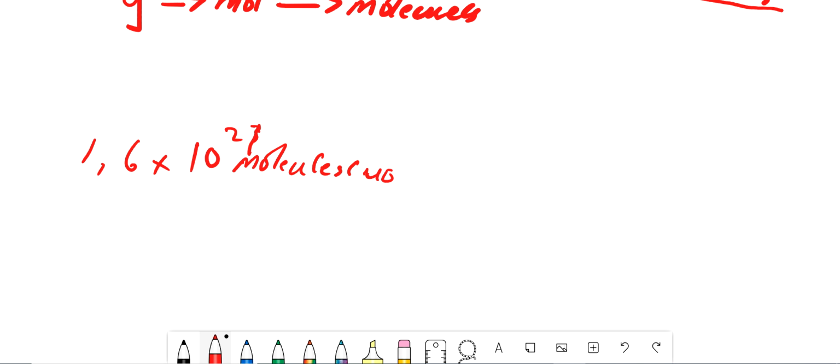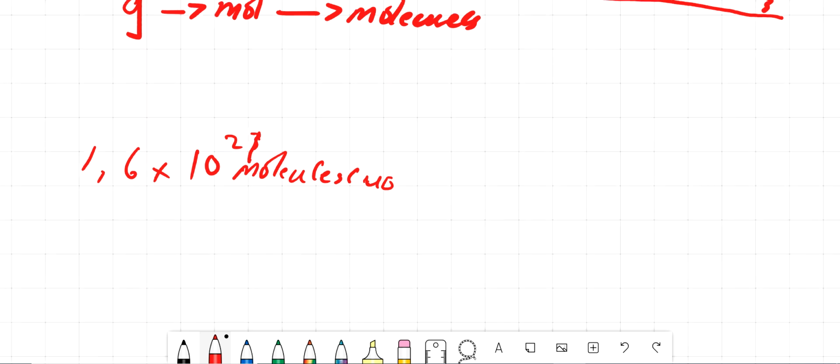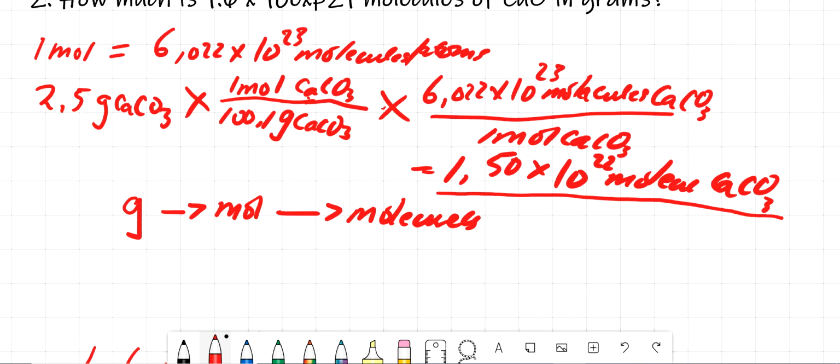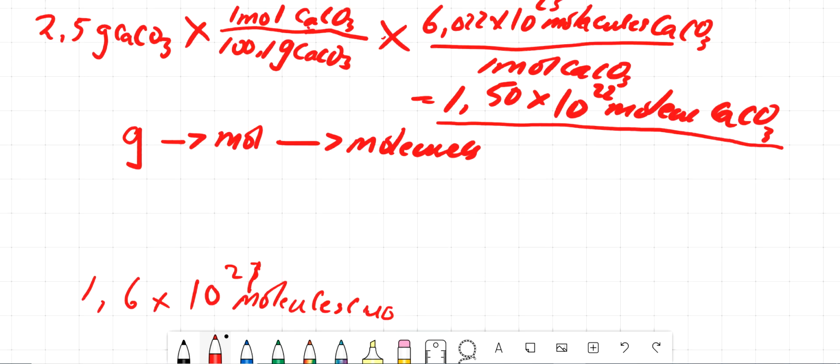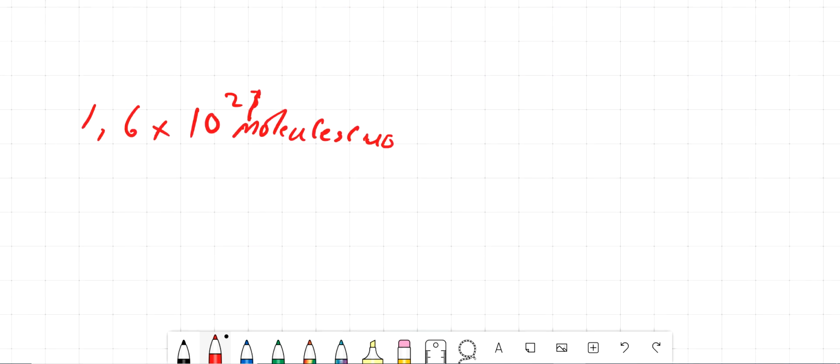In this case, you will still use that same conversion factor up there: 1 mole is equal to Avogadro's number. We'll still use the same.